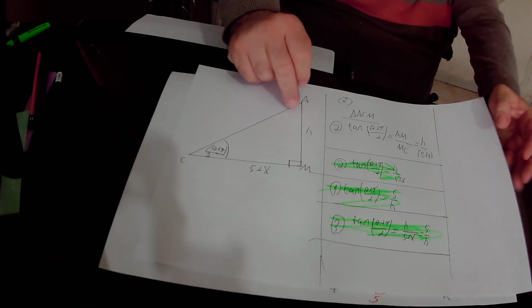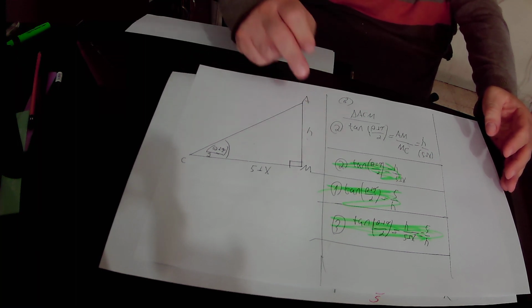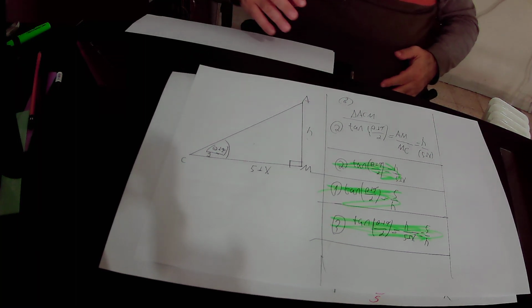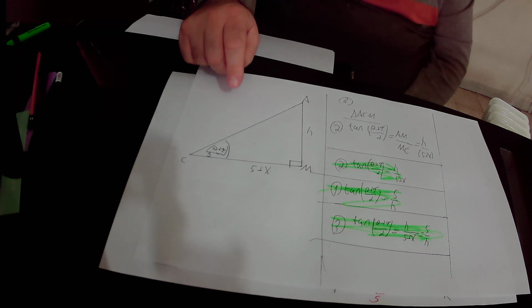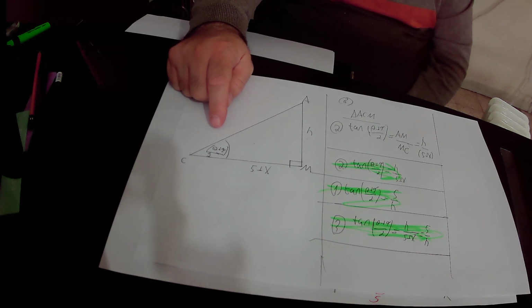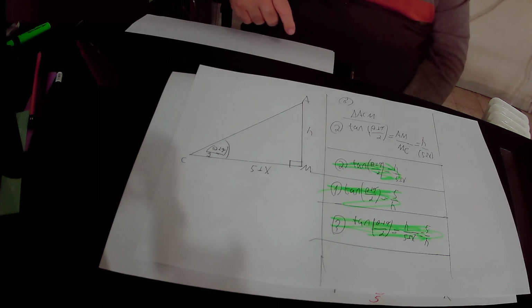According to our definition, AM equals H, and we have already found out that CM equals X plus 5. So in this right triangle ACM, tangent of theta plus alpha over 2 will be equal to AM over MC.